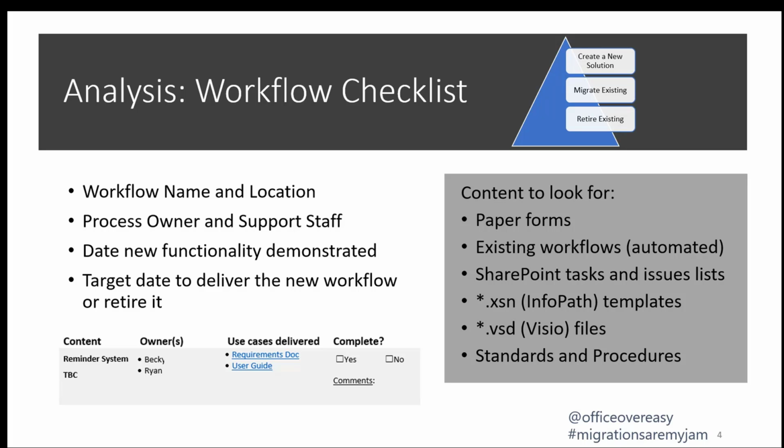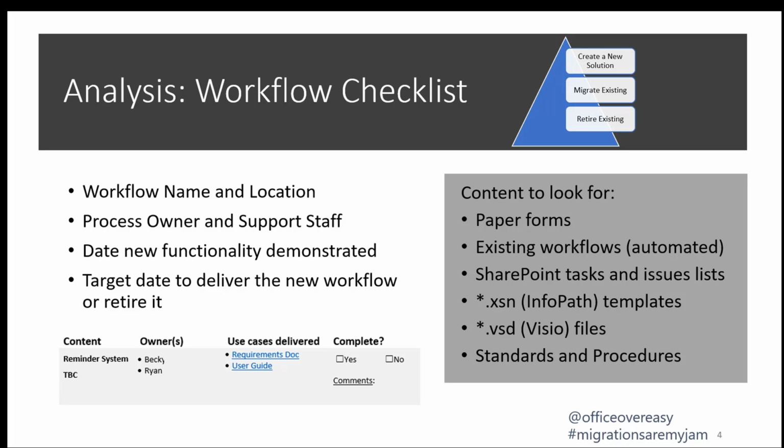So it's at this point that we start to understand the business processes that we're going to be responsible for. Again, all we're doing at this point is deciding whether or not we're going to migrate it, whether or not we're going to retire it, or whether or not it's still being used. So you'll find sometimes if you go look at some SharePoint lists, hey, the last time that this SharePoint list was edited was 2 years ago.